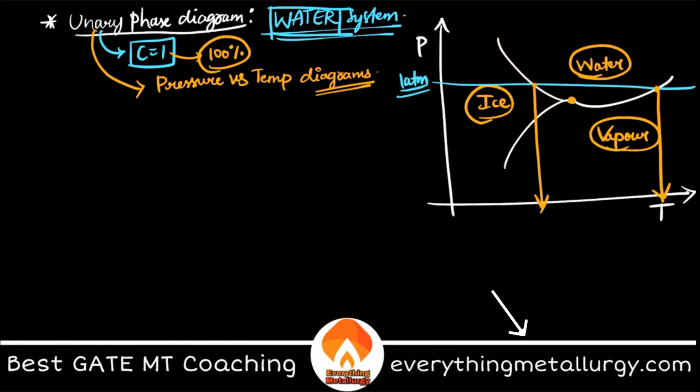Now asking the same again, what is this particular temperature at 1 atmosphere pressure and what is this particular temperature at 1 atmosphere pressure? Carefully observe. These are the equilibrium lines and this is at 1 atmosphere. So what are these temperatures? Or quickly, maybe you can see what is actually happening at this point and what is actually happening at this point.